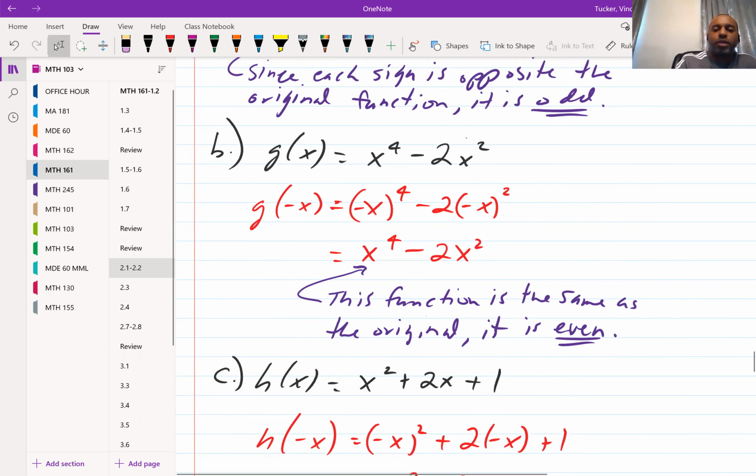Notice they give us f of x, but we need to find f of x plus h. We need an algebraic representation for f of x plus h. So we're going to take f of x and plug in x plus h wherever we see x. So we know we had 2 times the quantity x plus h, squared, minus x plus h.